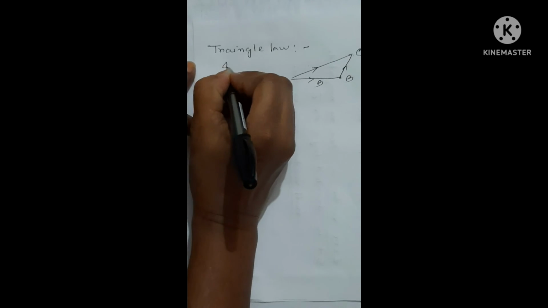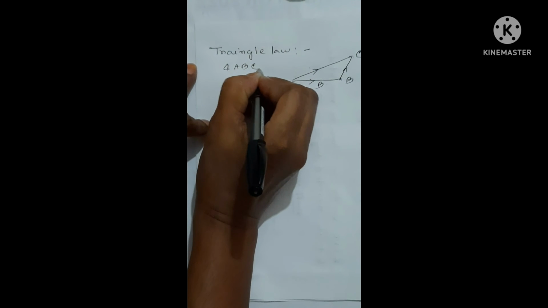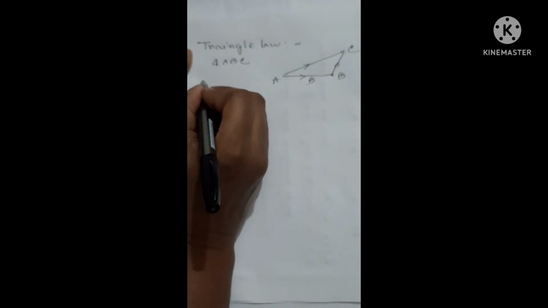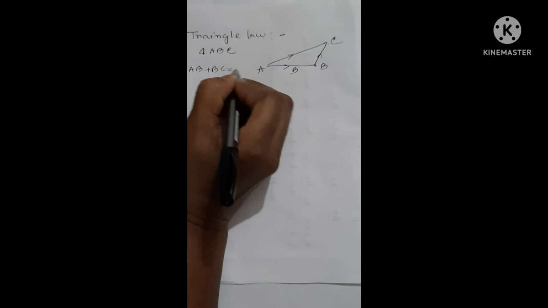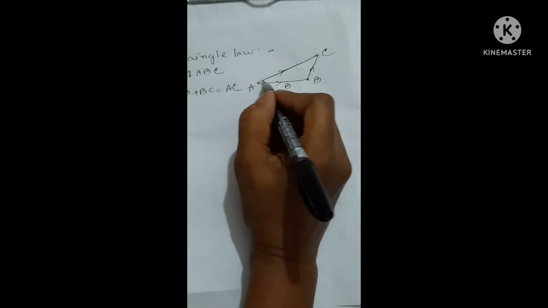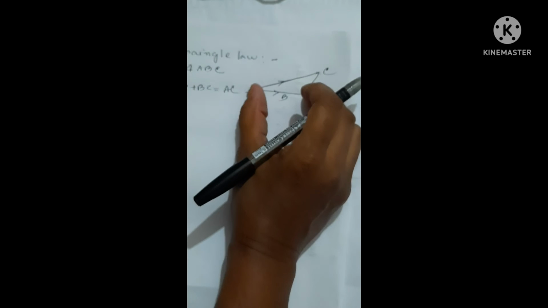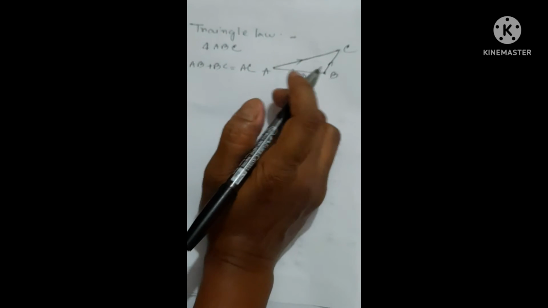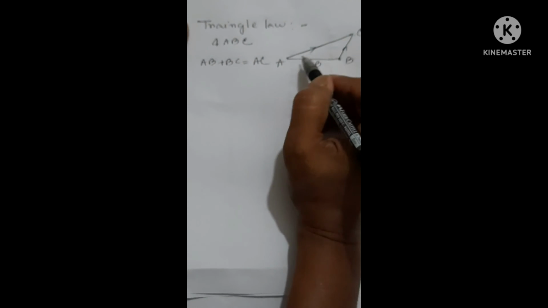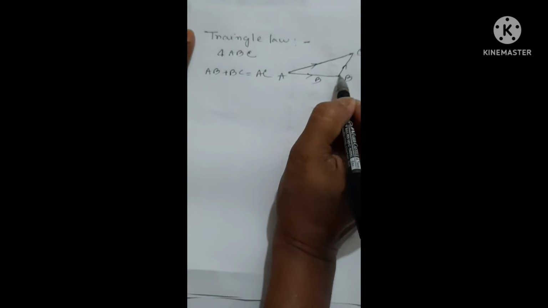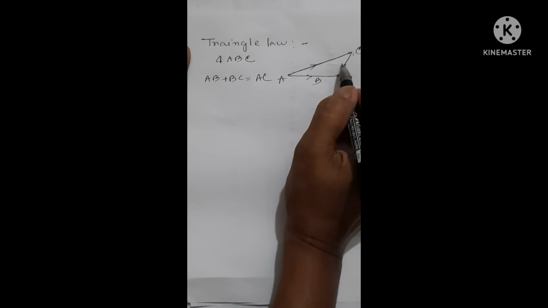For any triangle ABC, we can write AB plus BC equals AC.